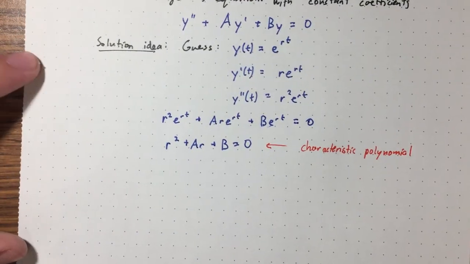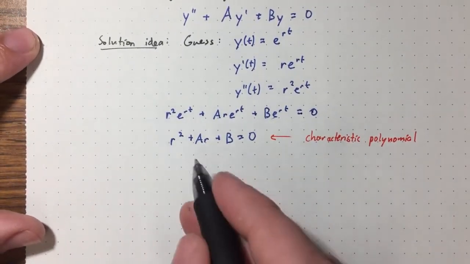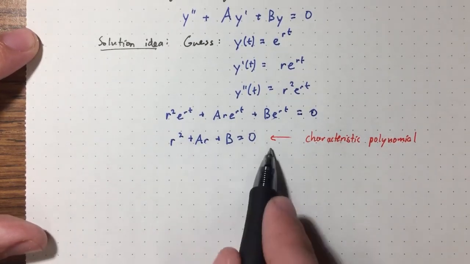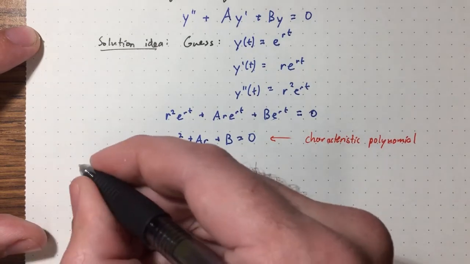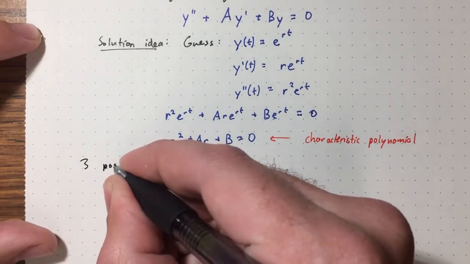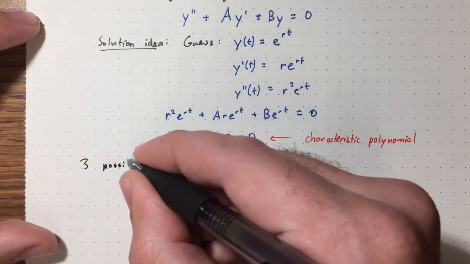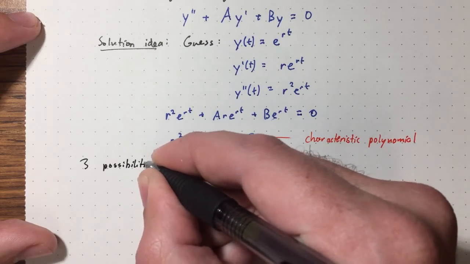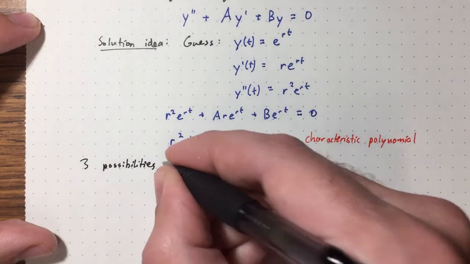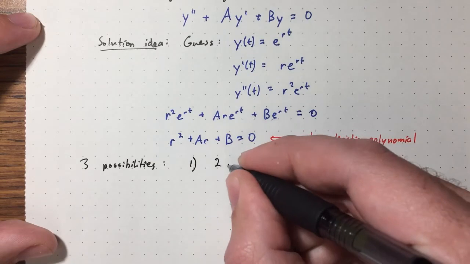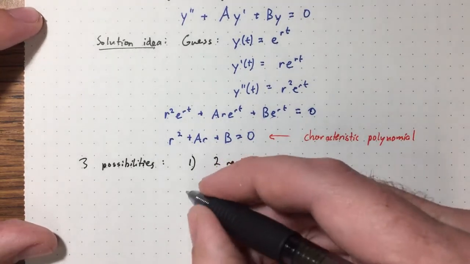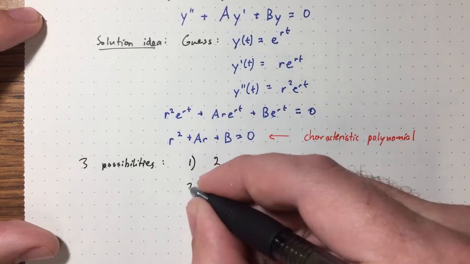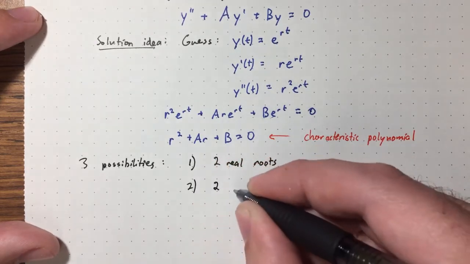Okay, so you might have noticed there are a few difficulties with this. First of all, not every quadratic has two real roots. In fact, there are three possibilities for the roots of a quadratic. First possibility, two real roots. That's what we're going to talk about today. Second possibility, two complex roots.